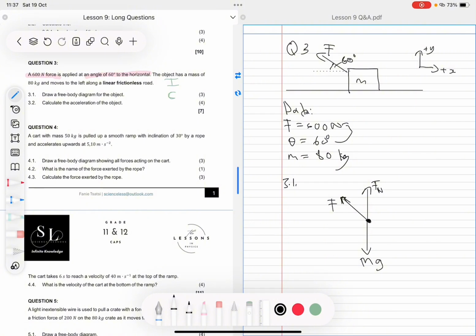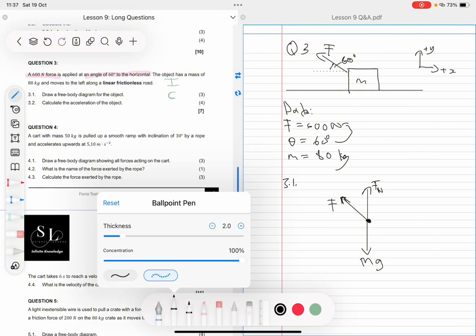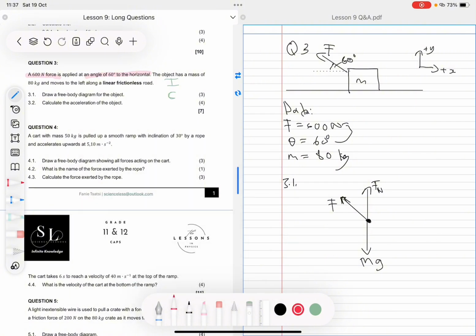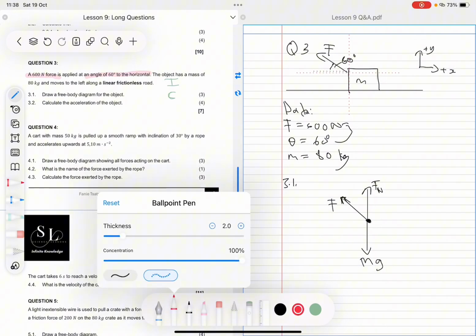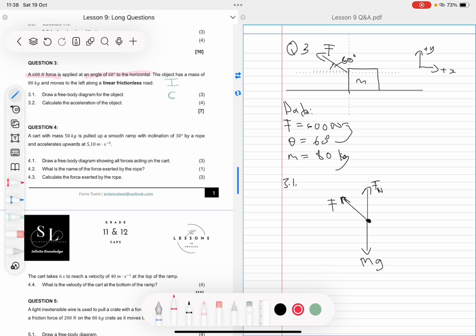Now, this force, if you look at it, is sitting between the y-axis and the x-axis. It's in between the two axes. So this is the x, this is the y. This force is in between these two axes, which means it must have components: a force that goes in that direction, and a force that goes in that direction, the x component and the y component.